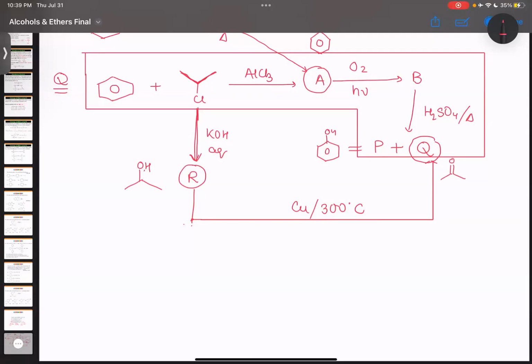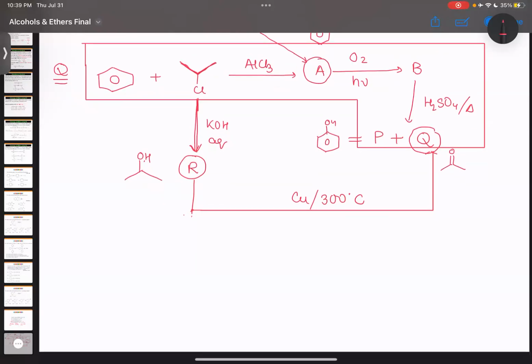Got it? Right? Any doubts in this? Let's do one more question. This is related to benzene only.